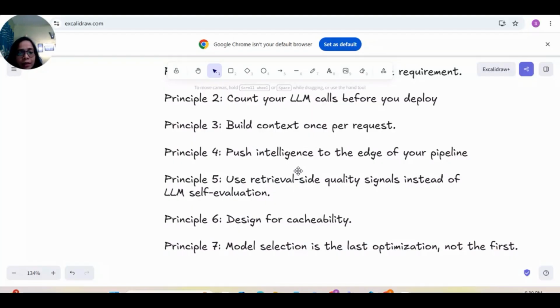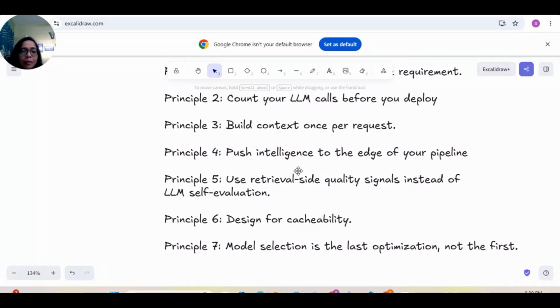If it is more than 2 or 3 times for a singleton interaction, then we have to justify every call. Why have we considered an LLM in each of these nodes? And then we need to find out which nodes the LLM call can be eliminated from.